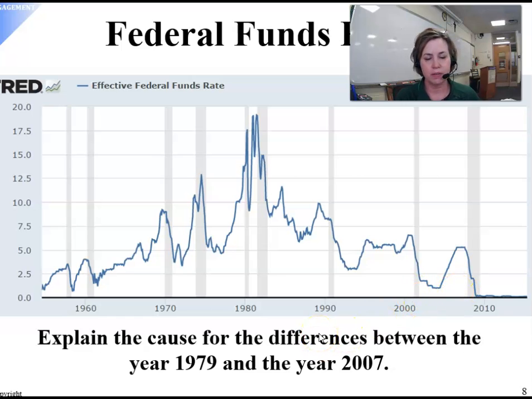So the difference would be that inflation is the reason. In this graph, you see that the federal funds rate is really high in 1979 and then much lower in 2007. And the difference can be attributed to the radical differences in inflation. In 1979, inflation was very high relative to 2007.